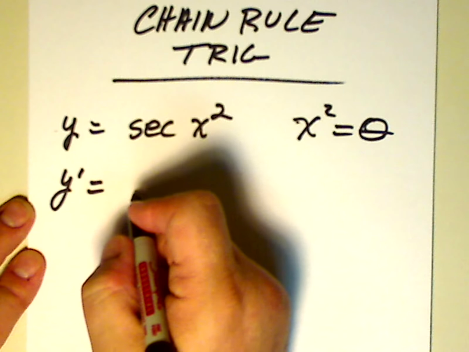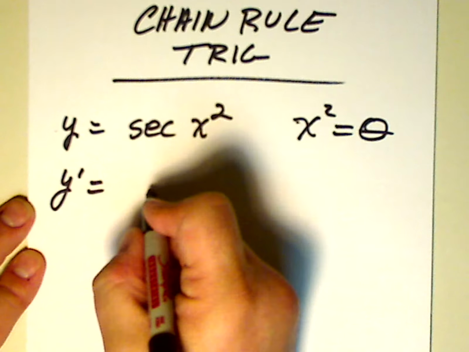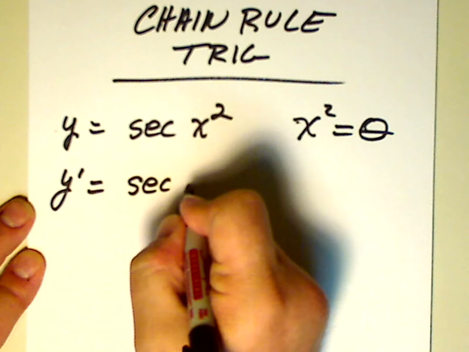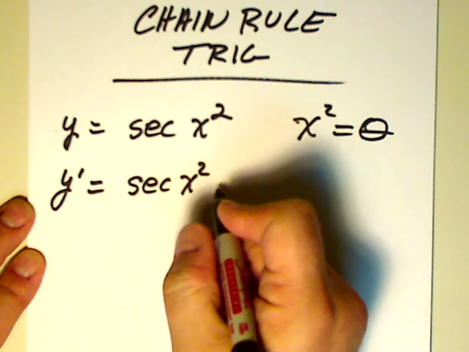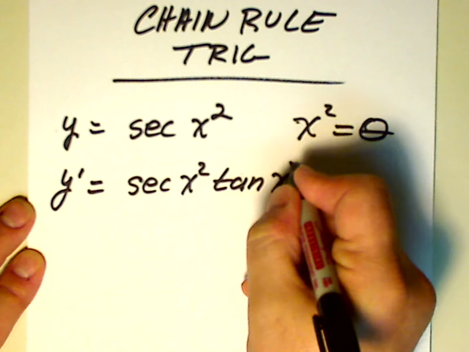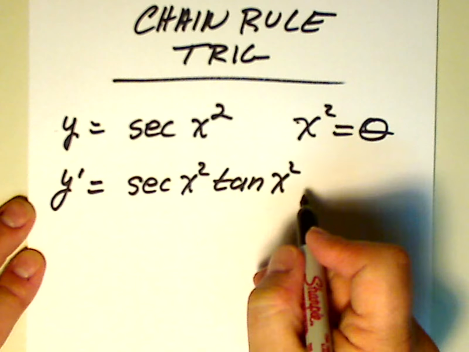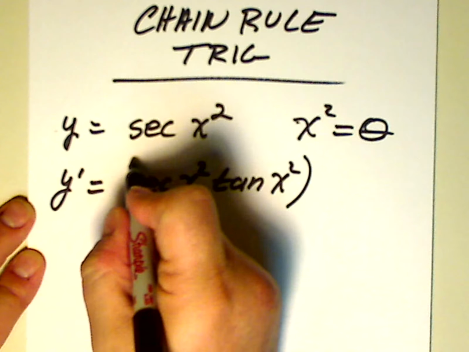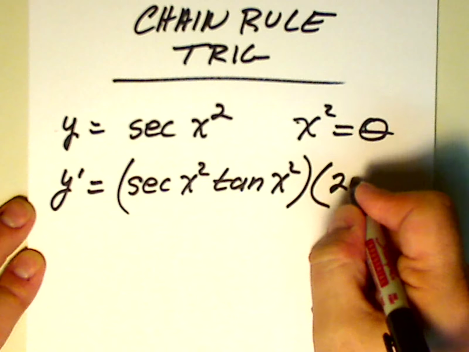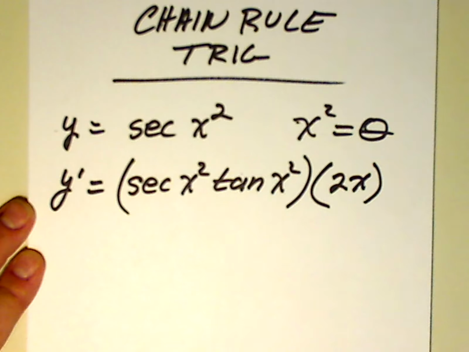So secant x squared, and then that's multiplied by tangent x squared, and then we're going to multiply it by the derivative of x squared, which is 2x.